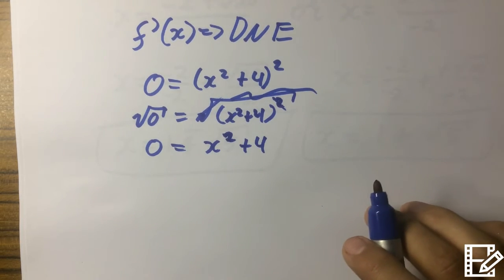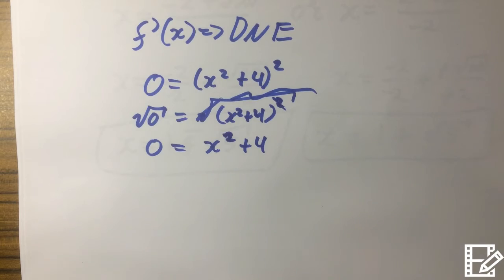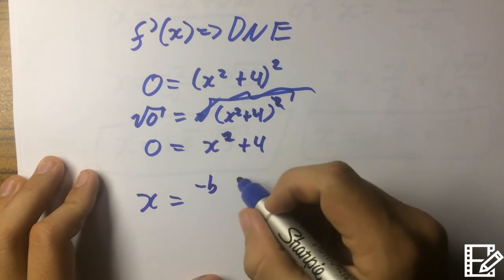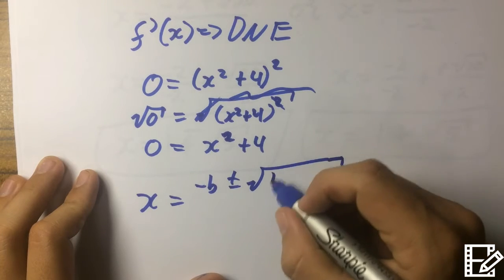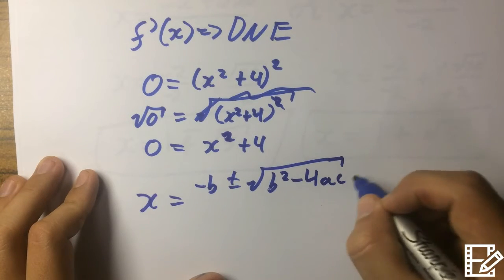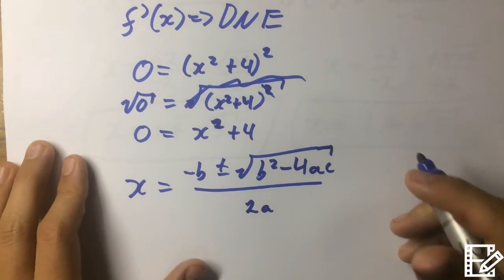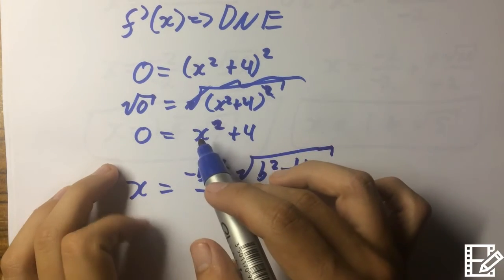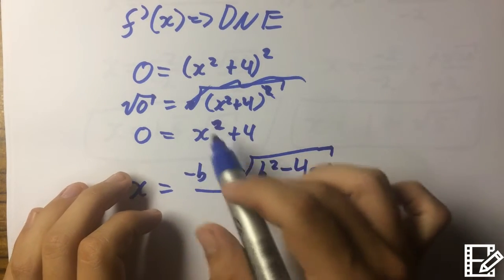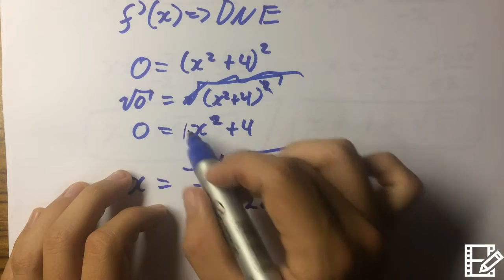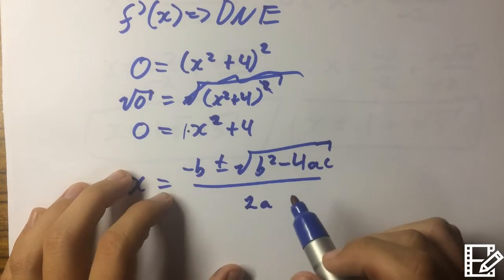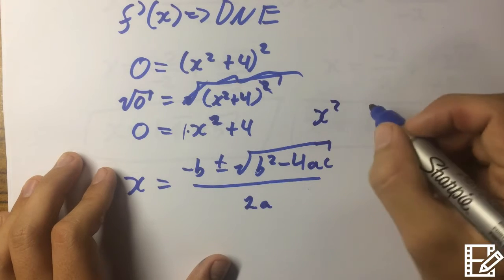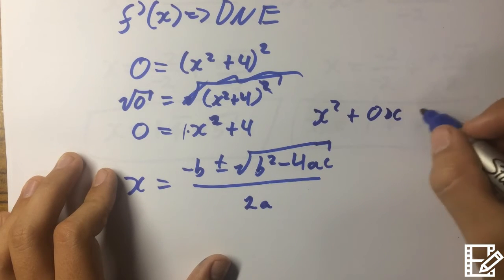Now, we can use that other rule that I keep forgetting, which is x equals negative b plus or minus the square root of b squared minus 4ac, all over 2a. Hopefully you're familiar with this and you can see this, but if you can't, basically x squared is the a part. Well, the 1 in front of it would be the a part, and this 4 would be the c part. Think of it as x squared plus 0x plus 4.